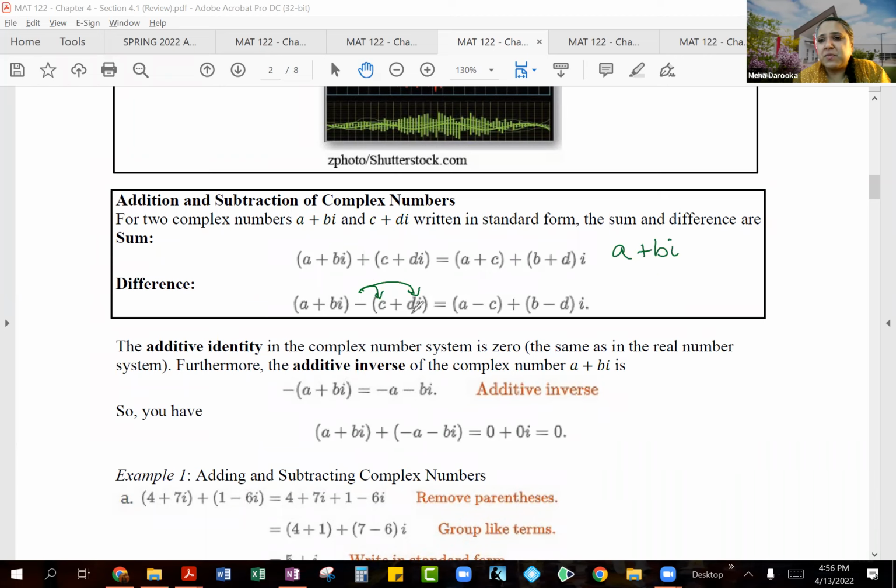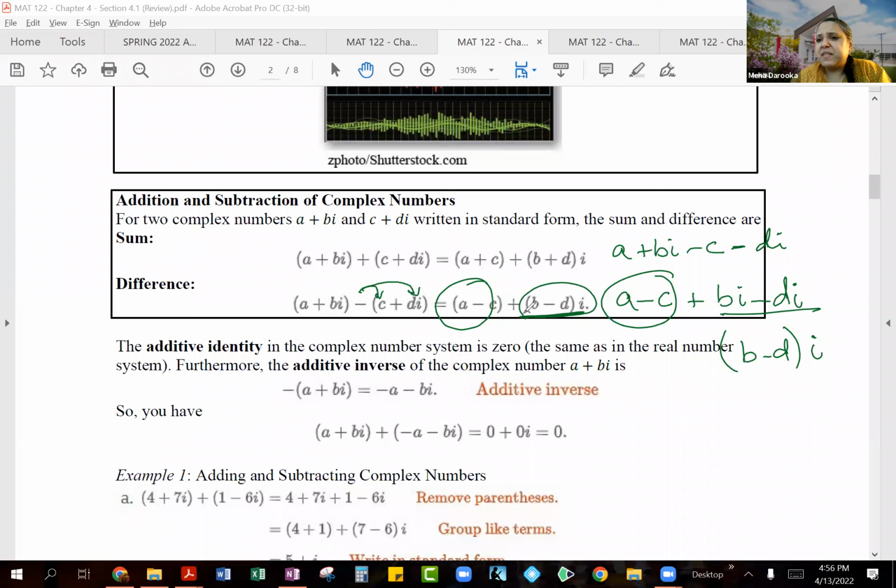And then once you distribute that negative sign, that would be negative c. Positive times negative is negative, so that will become negative di. So you end up doing a minus c, and you end up doing bi minus di. So a minus c, of course, is here, and this guy will become b minus d. Keep the I on the outside, and that's where they're getting the second part from.